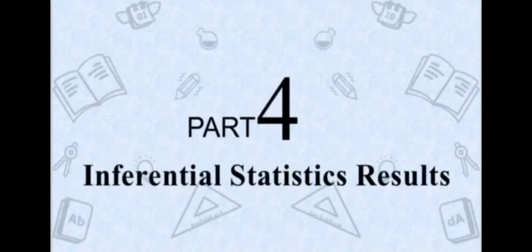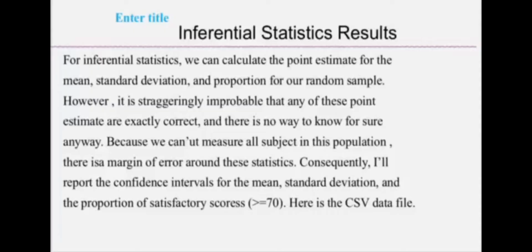Part 4. Inferential Statistics Results. For inferential statistics, we can calculate the point estimate for the mean, standard deviation, and proportion for our random sample. However, it is statistically improbable that any of these point estimates are exactly correct.